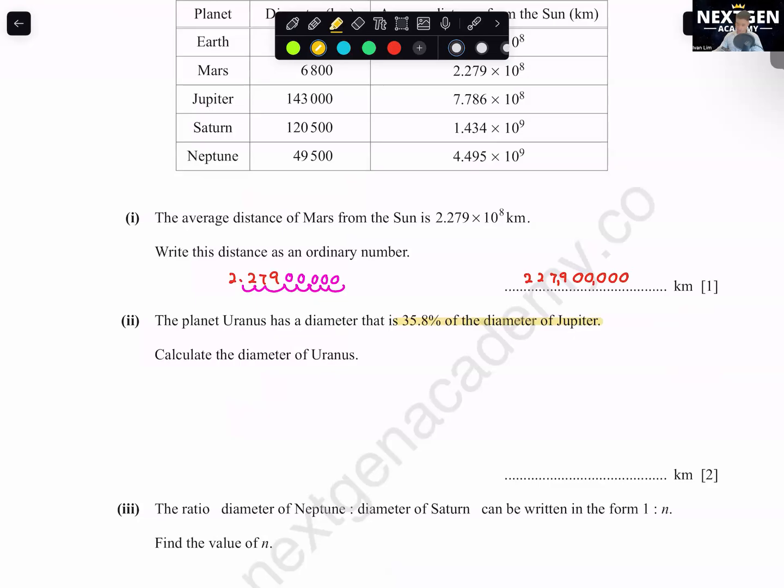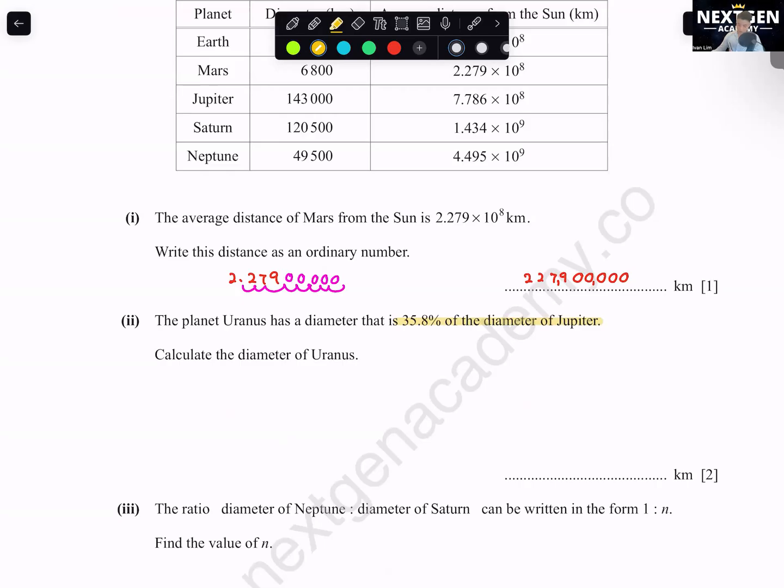For the ordinary number, you don't need to write the comma. I just wrote the comma there so that you can see it clearly. Just know that there are 5 zeros behind the numbers. Don't round it up to 3SF for this type of question.